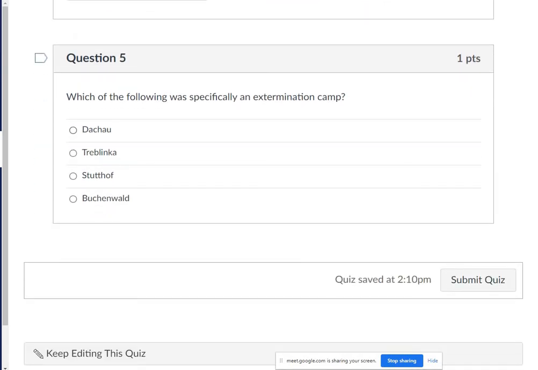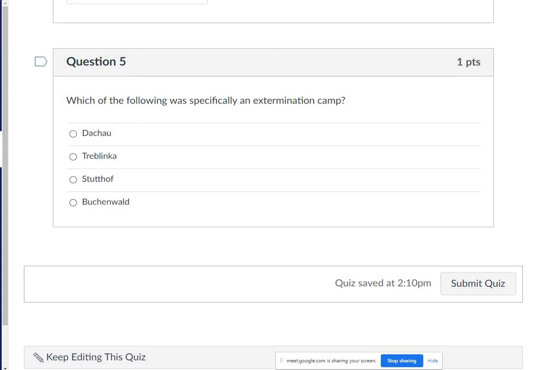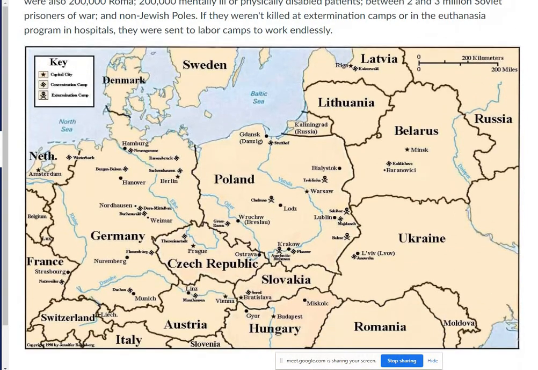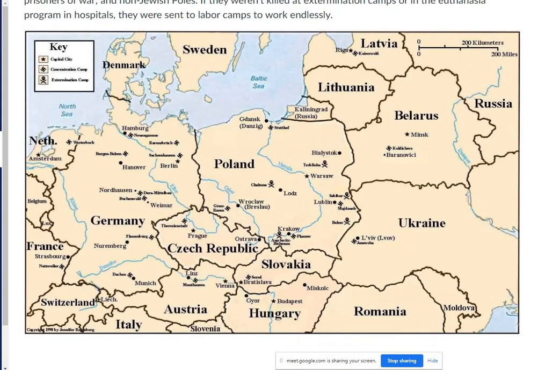Which of the following was specifically an extermination camp? We have Dachau, Treblinka, Stutthof, and Buchenwald. These are on the map, and if you look on the map, you'll see a key over here. The ones with the swastika are concentration camps, and the ones with the skull and crossbones are extermination camps.